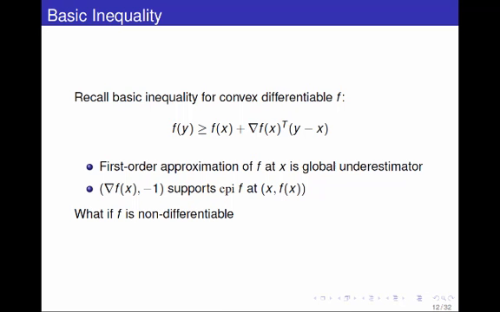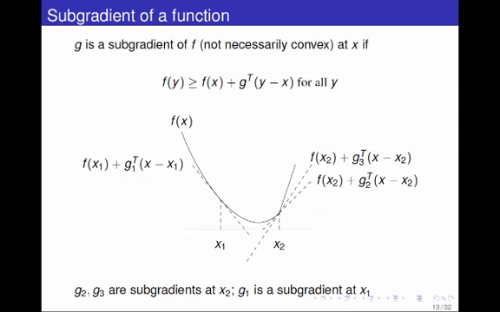Now, the same idea, you can generalize it to non-differentiable functions, which basically gives us the definition of a subgradient. So this here is a definition. Take any function, not necessarily convex. We will call a vector g a subgradient of the function at a certain point if, by staying on this affine hyperplane, I'm always underestimating the function f of y.